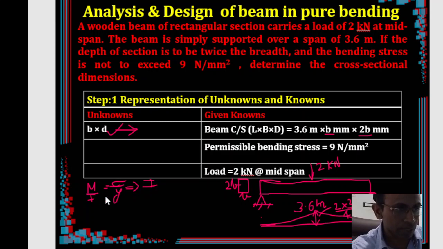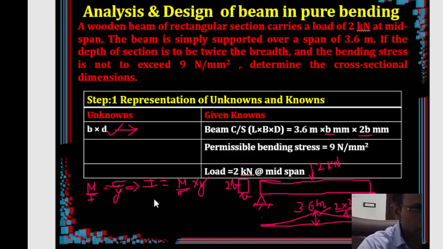So I is M by sigma times y max. But this M value and sigma value are given, and y I can write in terms of the available details.